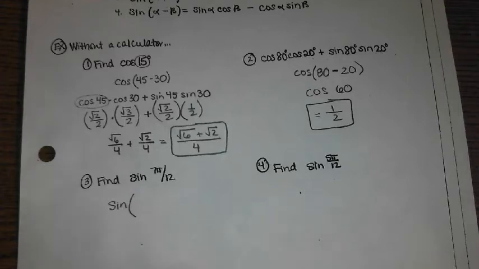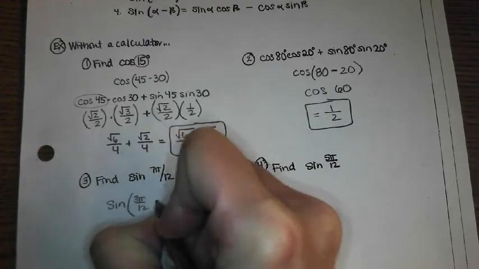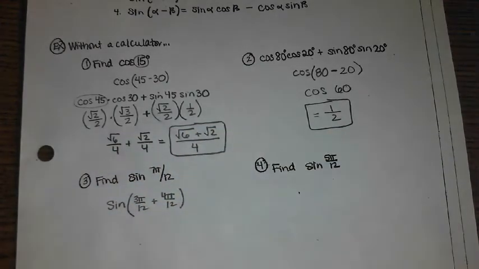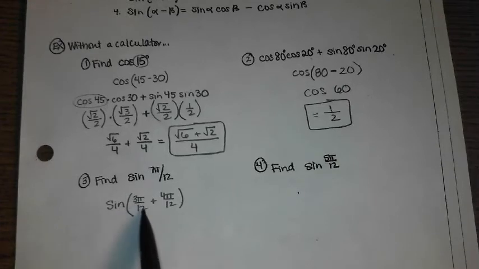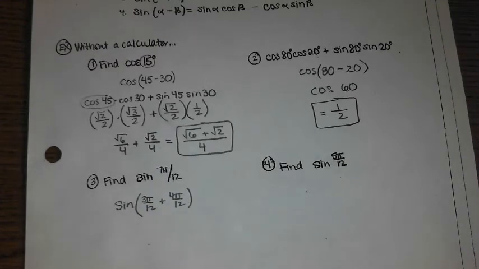You could do 2 pi and 5 pi. But unfortunately, we don't know what 5 pi over 12 is. 3 pi and 4 pi, that works because 3 pi over 12 and 4 pi over 12 both reduce to something useful, pi over 4 and pi over 3, and those are memorized values that we know.